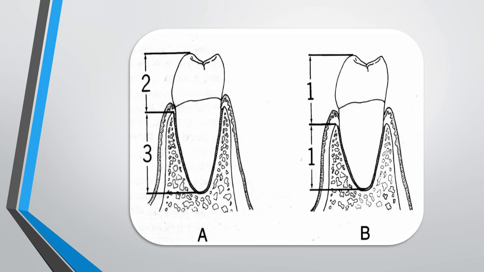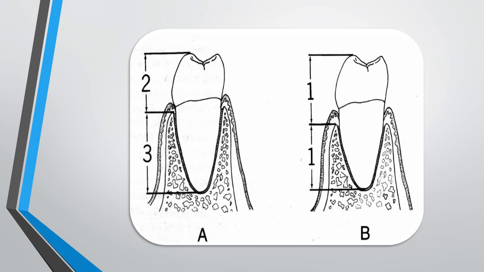Whereas individuals who have a compromised periodontal condition, that is loss of crestal bone, may sometimes end up with a 1:1 ratio. The one portion of the coronal structure is supported with the remaining portion of the root embedded in the bone in one proportion, that is 1:1 ratio.